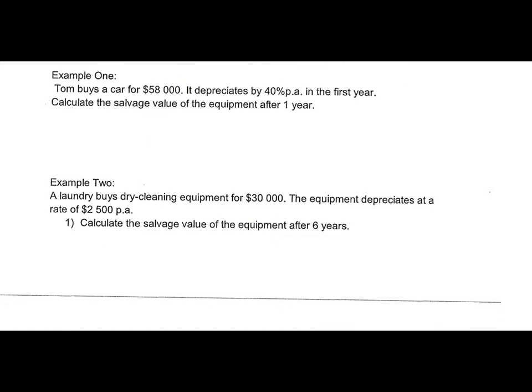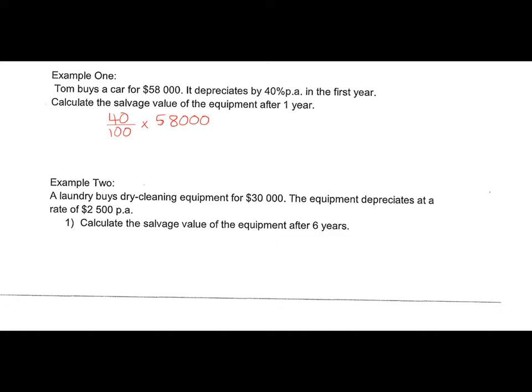Tom buys a car for $58,000. It depreciates by 40% in the first year. So calculate the salvage value of the equipment after 1 year. Well, if it goes down by 40%, let's find out what that 40% is equal to. So if we want 40% of something, 40% means 40 for every 100, and we multiply it by 58,000.